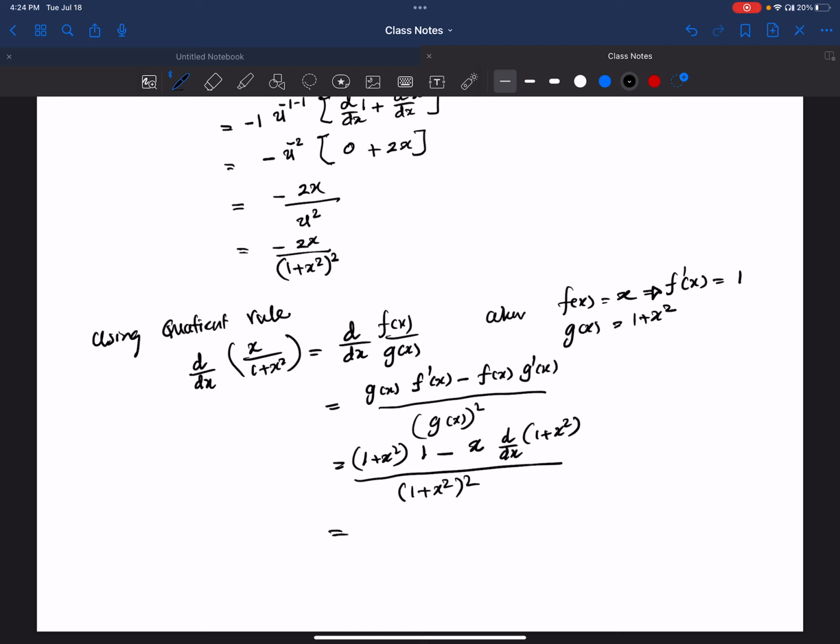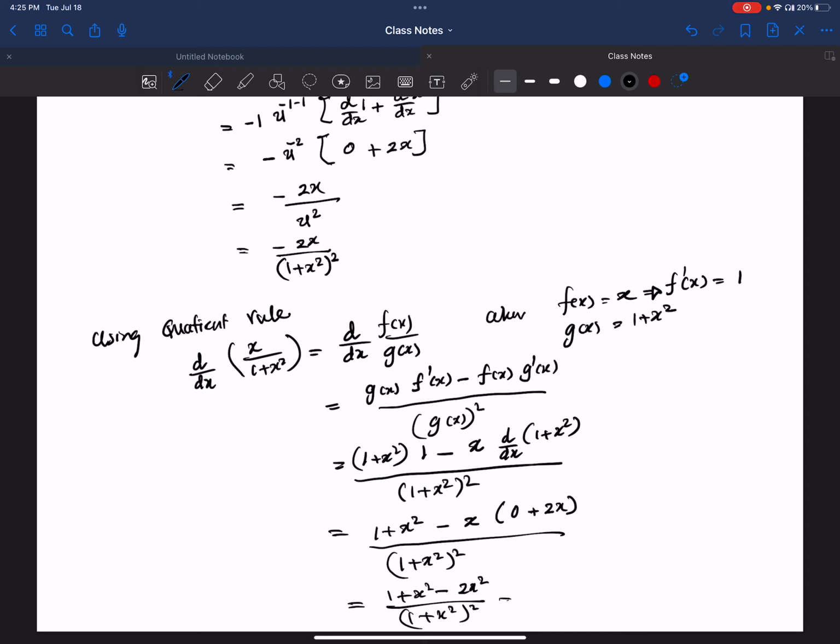So we have 1 plus x squared minus x times, the first term is 0, the second term is 2x, over 1 plus x squared squared. So we have 1 plus x squared minus 2x squared, divided by 1 plus x squared squared.